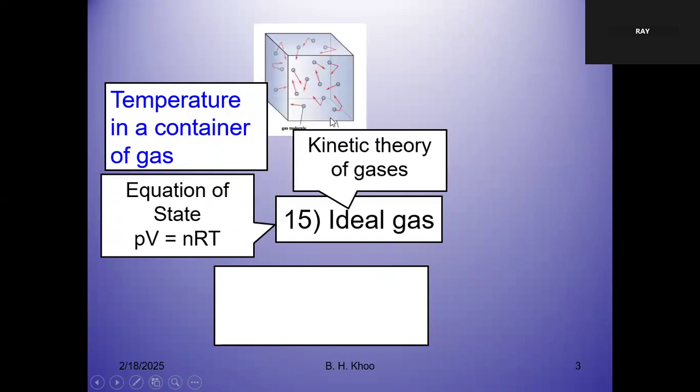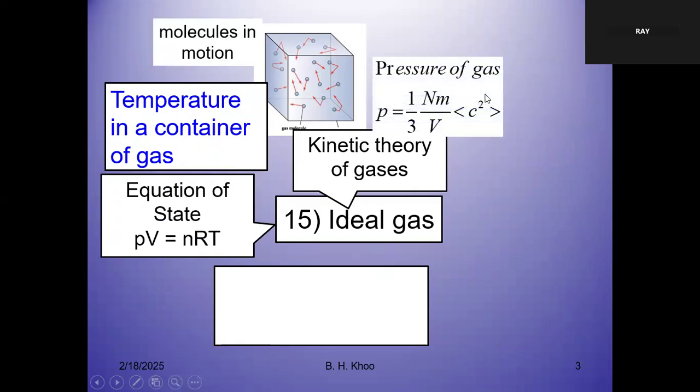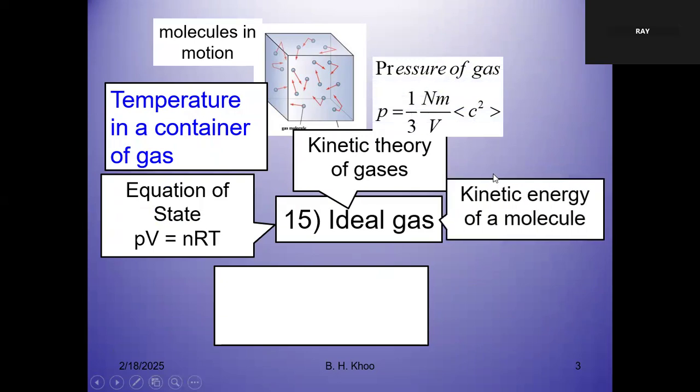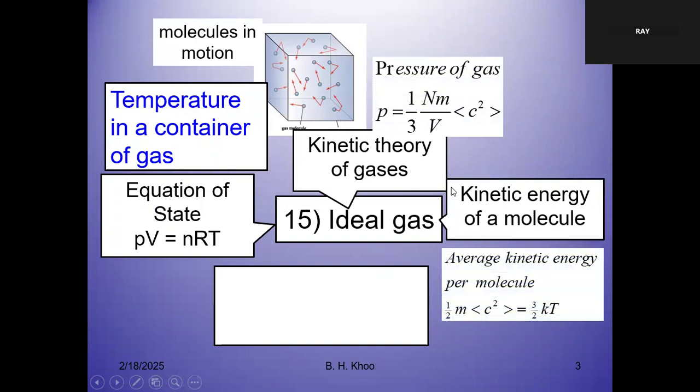Kinetic theory, we will think of the molecules as particles in a box. Then we'll derive this equation under ideal gas. After that, we combine these two equations to get this equation, the average kinetic energy per molecule.